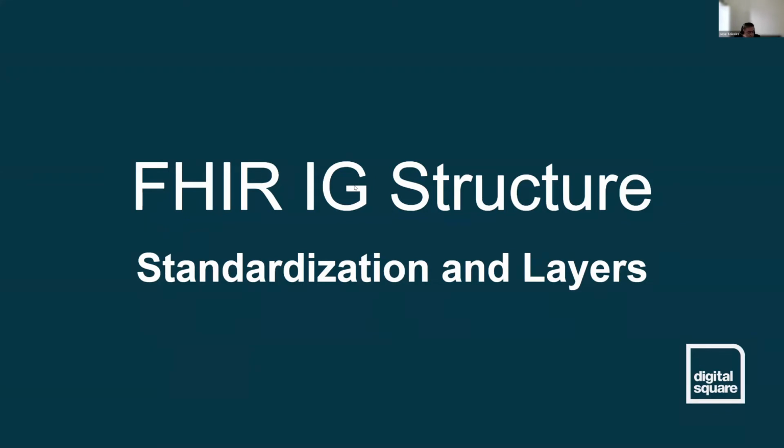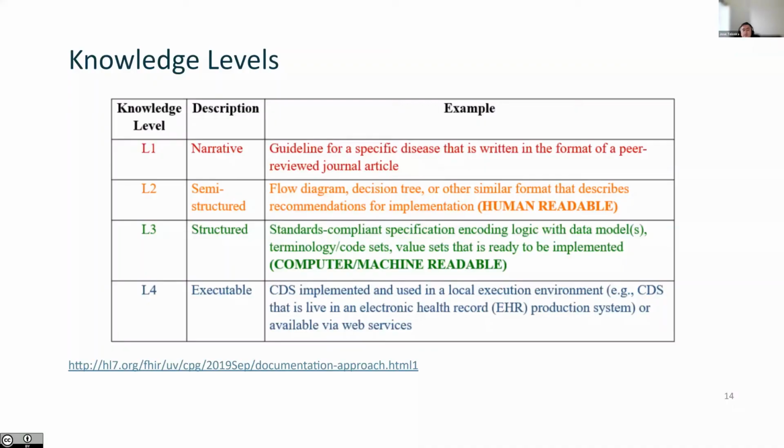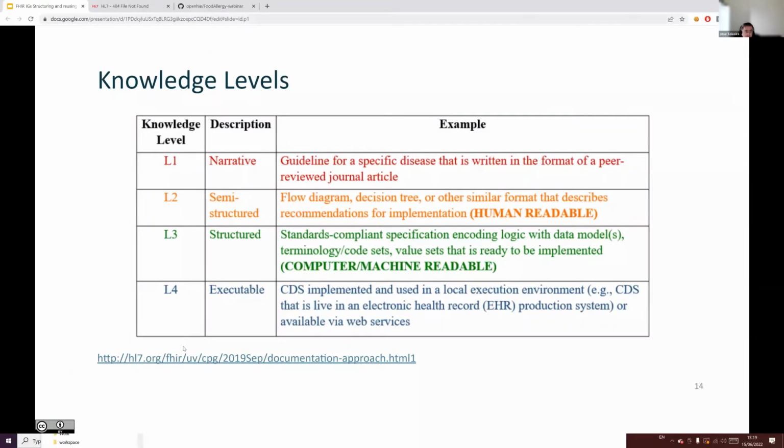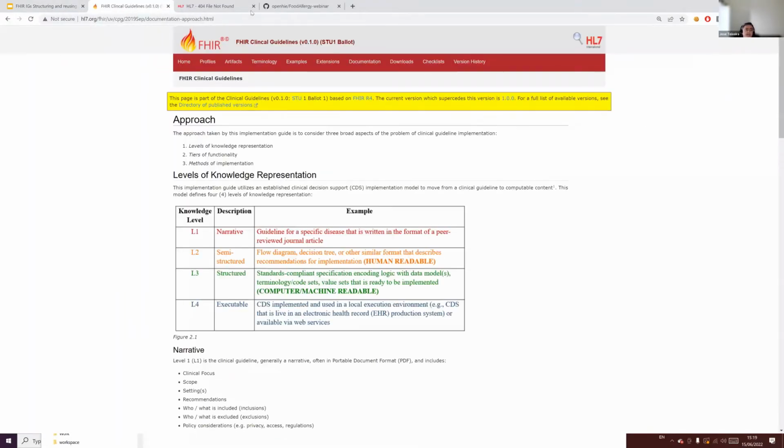So with this, going a bit into the FHIR implementation guide structure and how we standardize and layer this. How are they structured? Different ways of doing that. The first example is that we structure the implementation guide in knowledge levels. I'm just going to open this. Oh wait, I cannot open this apparently, because maybe I got the URL wrong. Yep, I did.